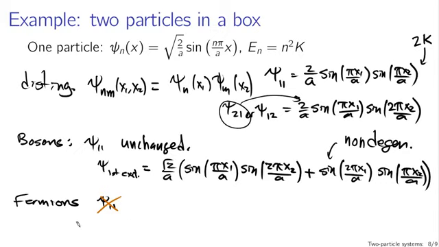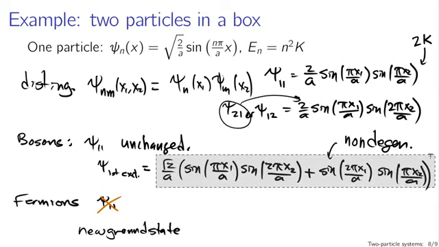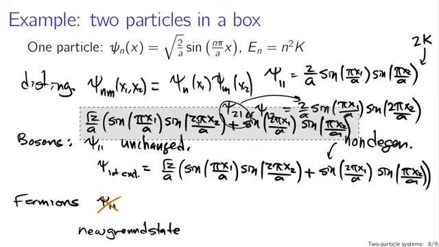Our new ground state, then, is essentially our first excited state from before, but with a minus sign. And I'll indulge in a little copy pasting here, just to save myself the writing.